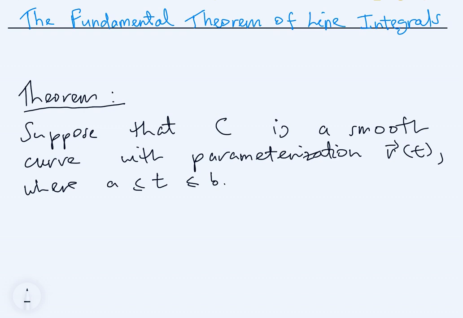So suppose this is the case. We have a smooth curve C and it's parameterized by r of t, where t is between a and b.